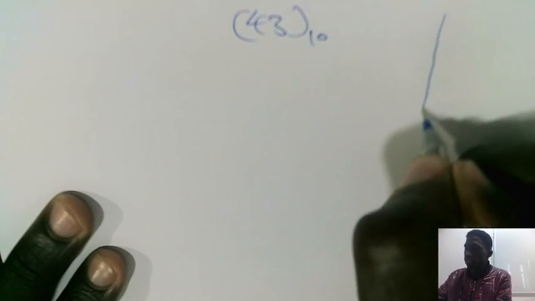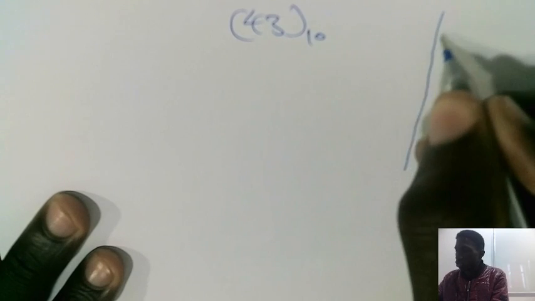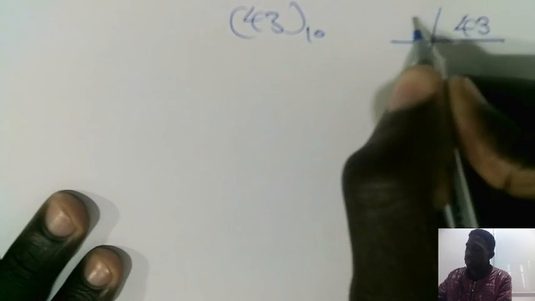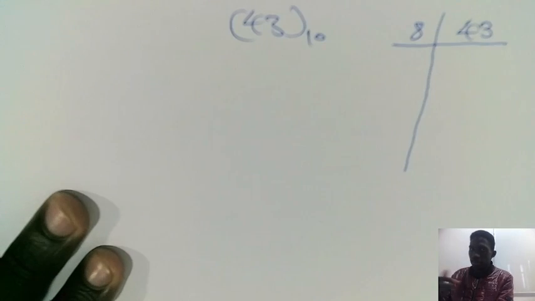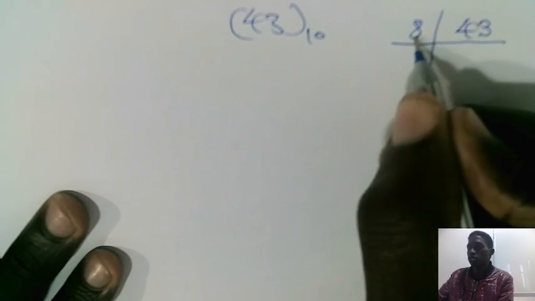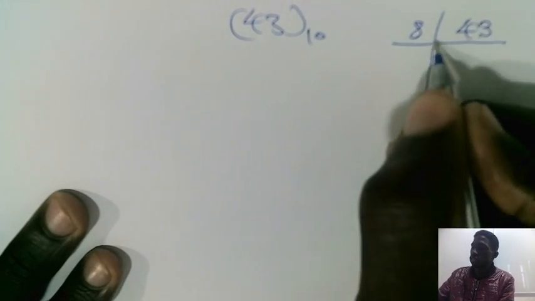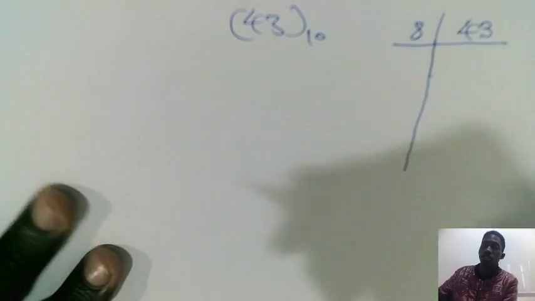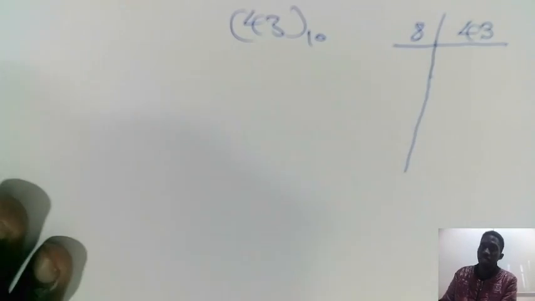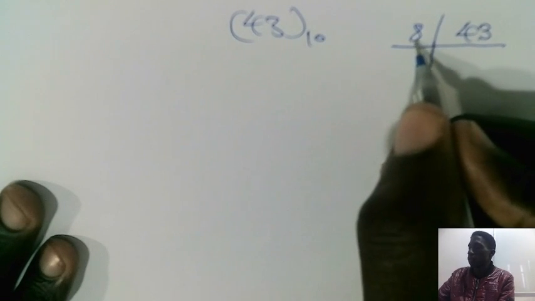So we are using the same method, just that this time around we are going to divide by 8. Just like we were doing for the previous example where we converted a number in base 10 to a number in base 2.